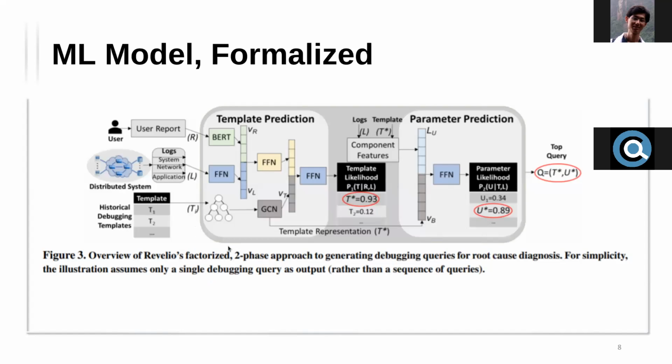Okay, so this is basically the architecture. What happens is that the user report is run through a BERT deep learning model, a neural net, and then it is encoded into a vector form. Similarly, the logs are also encoded into a vector form. And what does FFN mean?